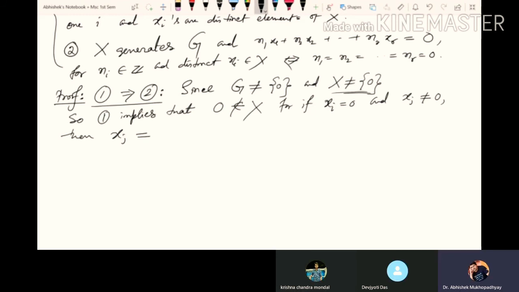That is, one is xj itself and another one is xi plus xj. So this violates the uniqueness of the expression for xj. So this implies that 0 will never be in X.